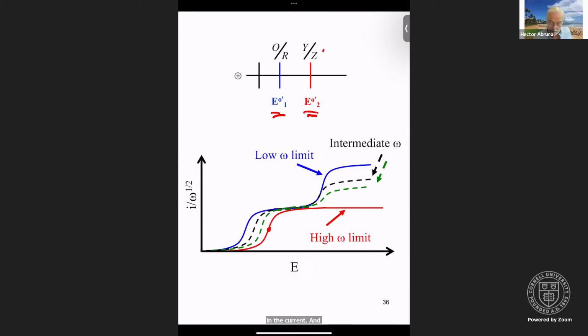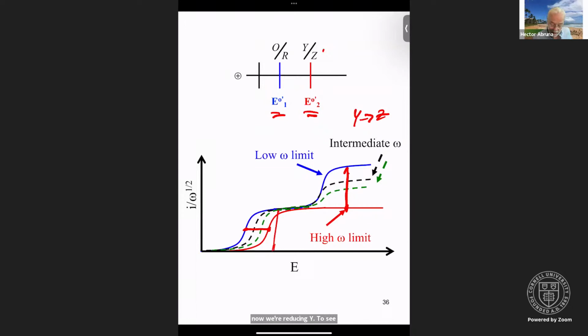And so in the limit of low omega, we see a displacement of the wave, as you should expect from the EC type process. And we also see the emergence of a second wave, because now we're reducing Y to Z.